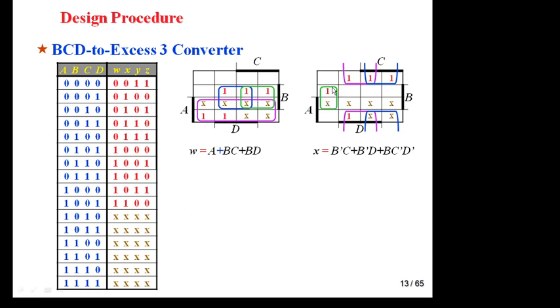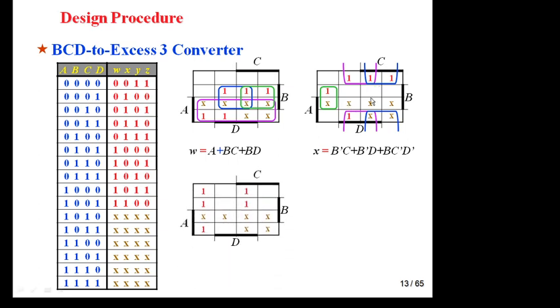In don't care terms you can leave out those not used. Okay, after solving, this will be B dash C dash, then this. Similarly for Y, just 2 quads are possible.